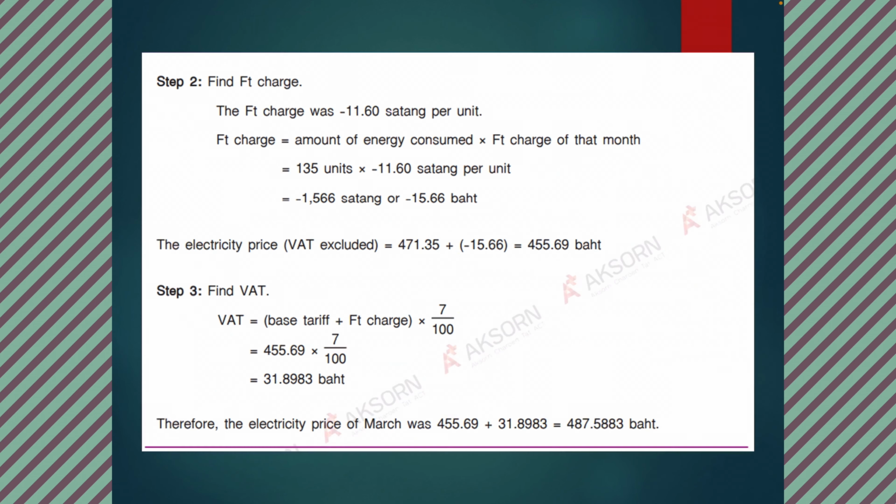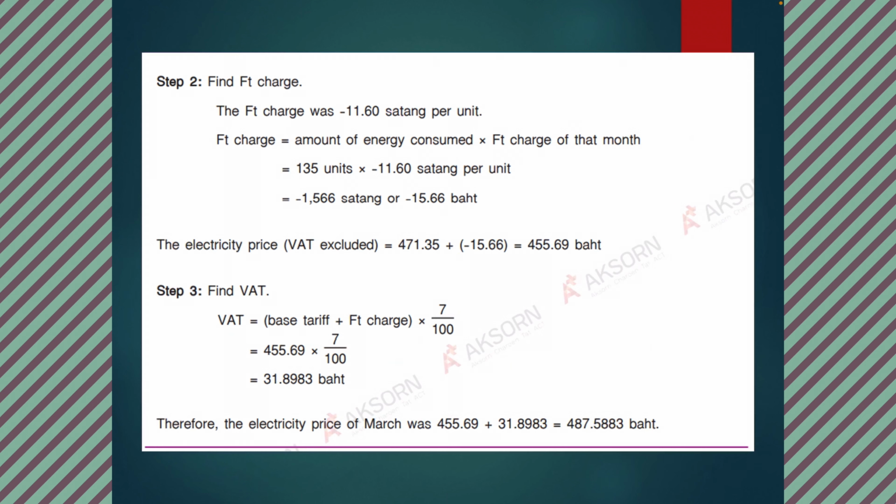Okay. Now let's find the FT charge or the variable tariff. So the variable tariff was minus 11.60 satang per unit. Since there are 135 units, you multiply that by minus 11.60 satang per unit.